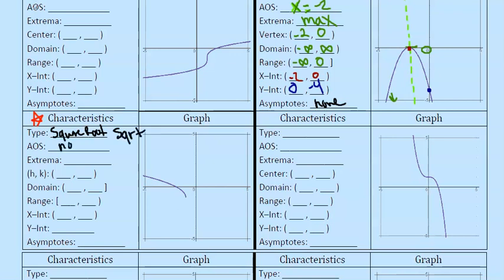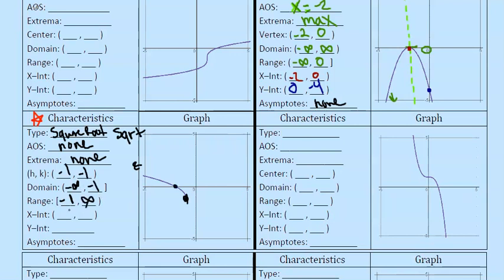There's no axis of symmetry, no extrema. H comma k would be this point right here, which is -1 comma -1. The domain, it goes left forever, so it's negative infinity, and then it stops right here at -1. The range starts at -1, goes up forever to infinity.